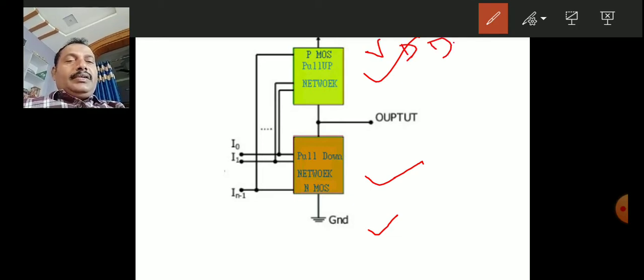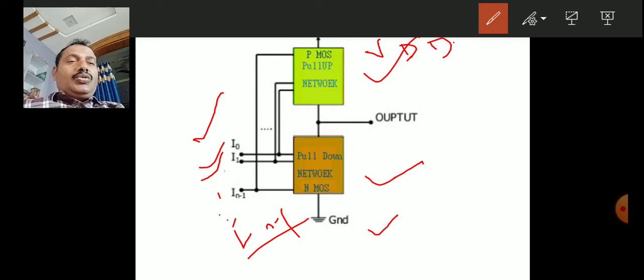And you see all the gates are together. The PMOS and NMOS gates are shorted and connected, called input 0, input 1, input 2, and so on up to input n minus 1. So this is the general diagram for the CMOS network.